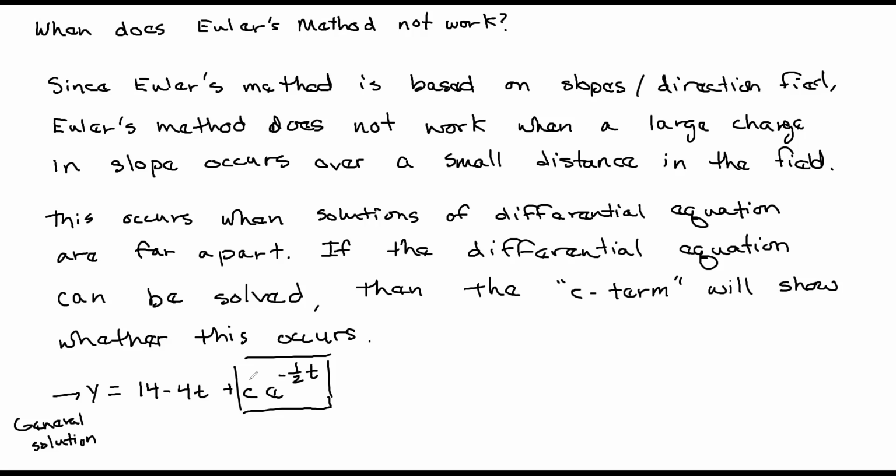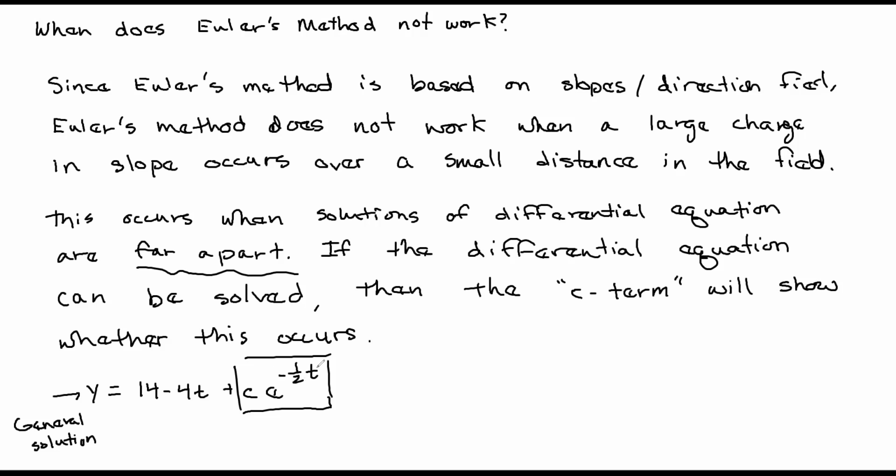So the difference apart initially is going to be 1 unit, because one is 0, 0 and the other one is 0, 1. And the question is, what happens over time? Do they stay 1 unit apart? Do they get closer together? One of the things you can look for to determine how far apart the solutions are over time is what happens to that C value.